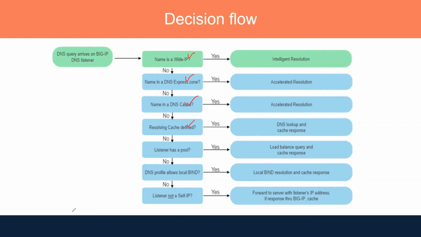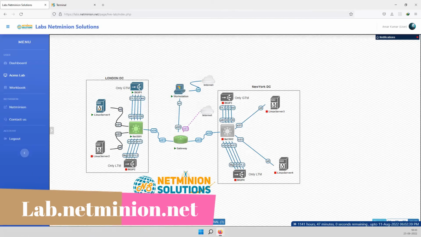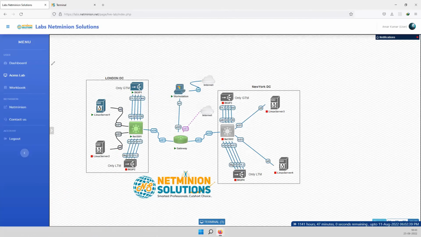In today's demo, I'm just going to show you how we can create a listener and how we can bind a pool with that. Okay, so let me just go. Hopefully you already know how you can activate these F5 devices. So what I have done, this is our lab, right? This is the DNS lab, and in this DNS lab we have taken 2 data centers logically.